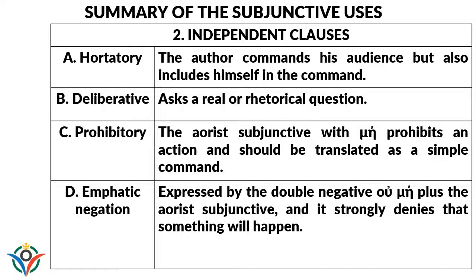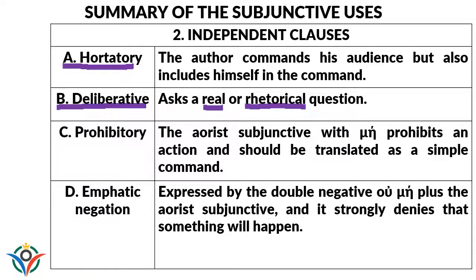Let us quickly do a summary now of the subjunctive uses with independent clauses. So we first looked at the hortatory. This is when the author commands his audience, but also includes himself in the command, and we normally translate that as "let us." The next one was the deliberative, and this asks a real or a rhetorical question. The real question expects an answer. The rhetorical question does not expect an answer.